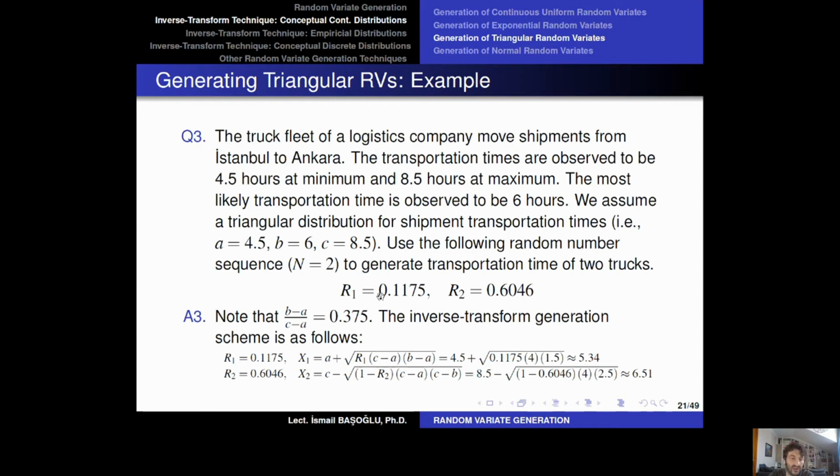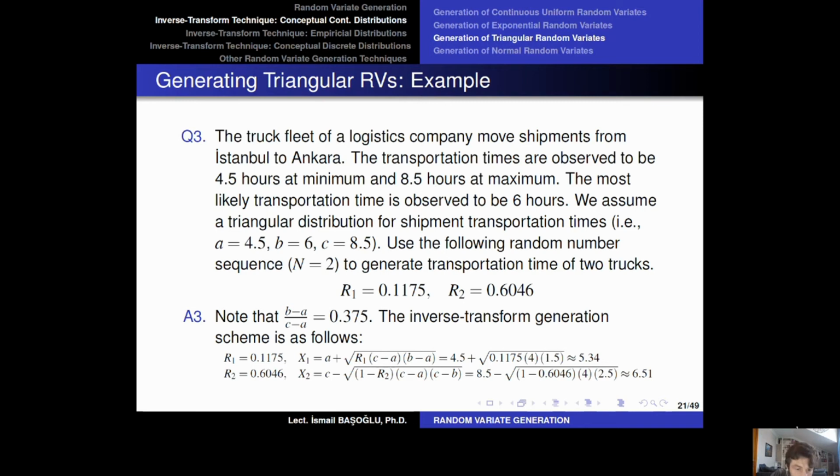The first random number is less than this critical value, which means we need to use the first formula to convert the first random number to a random variable. Now the second random number is greater than this value. Therefore, we need to use the second formula to generate the second random variable.